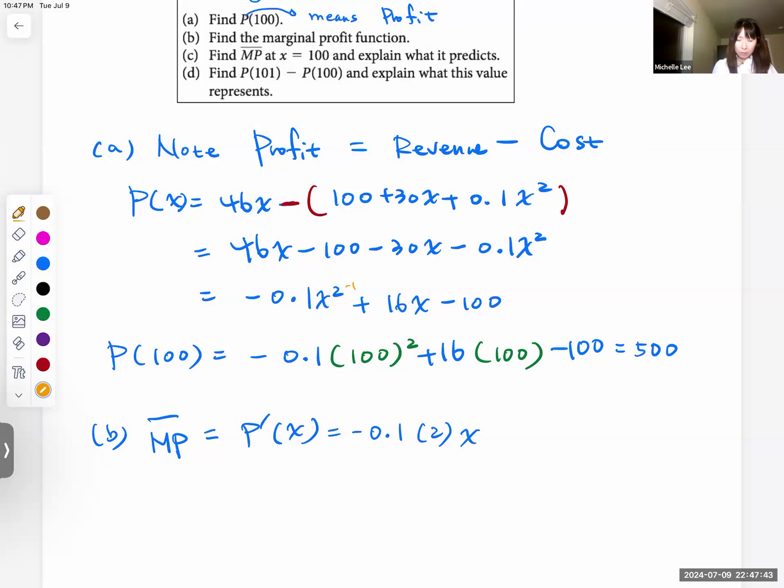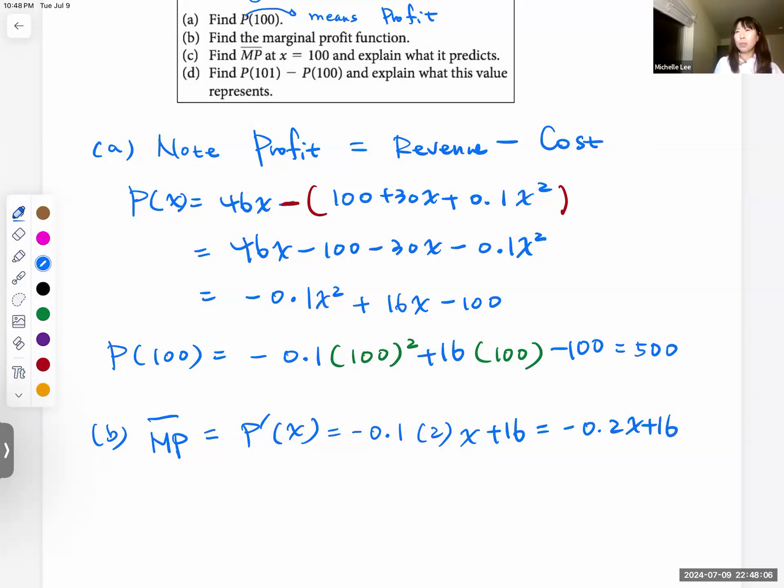Then that's 1. And 16. And then the third one is 0, right? That's it, right? Oh, need to calculate. So negative 0.2x plus 16.